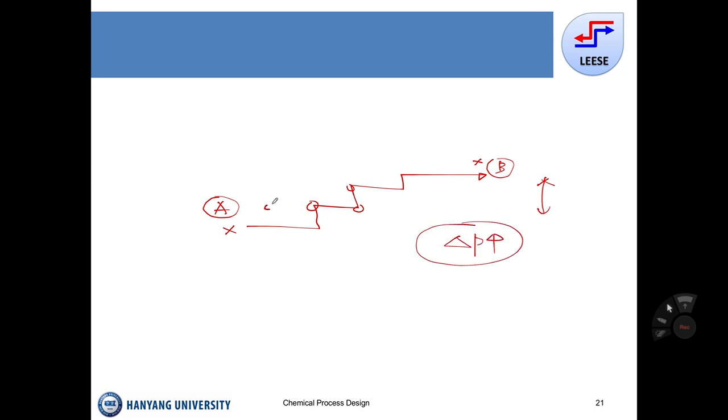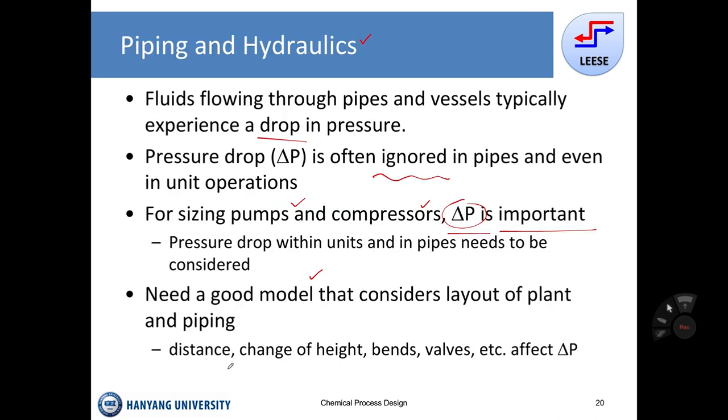When you have a valve or some device for control purposes, like a sensor, then the pressure drop is going to increase. So we need to take into account not only the distance but also the change in height and the number of bends, number of valves, etc.